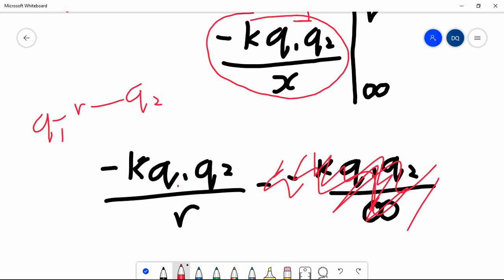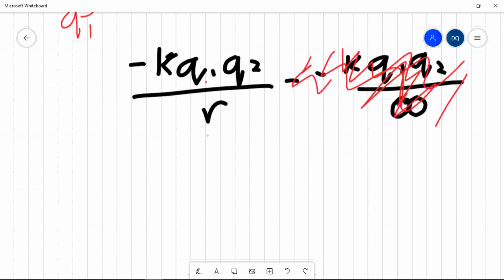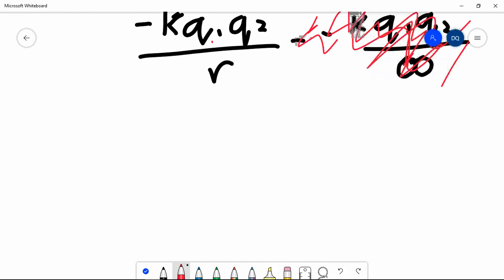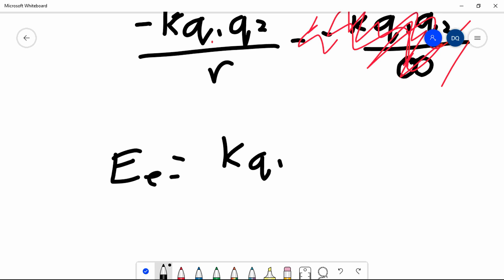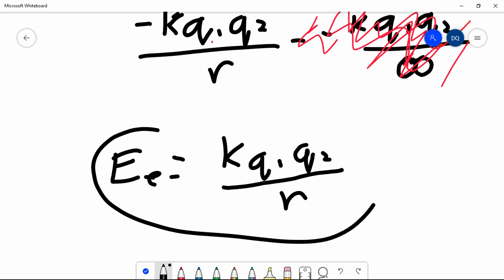So the energy that we have, the potential energy, is going to be the negative of the work. That's how we defined it here. And so that's going to be k q1 q2 over r. And that's the electrostatic energy from two charges Q1, Q2 that are a distance r apart.